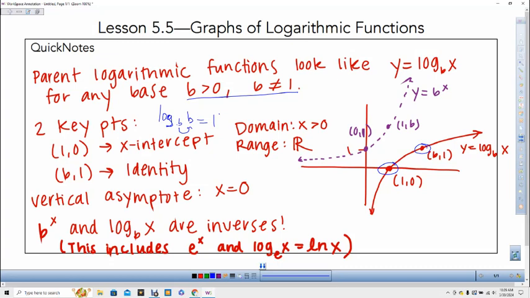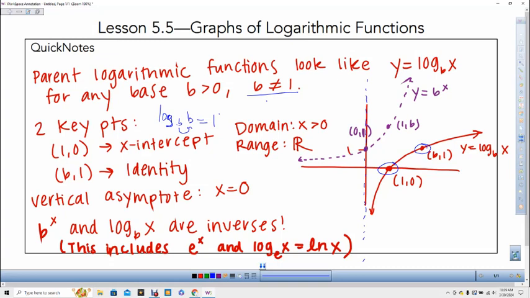Now, we also have a vertical asymptote at x equals 0 because of this thing right here. And that is why we would have a vertical asymptote right there. So that vertical asymptote means we cannot cross it. We're not going to have values over here.